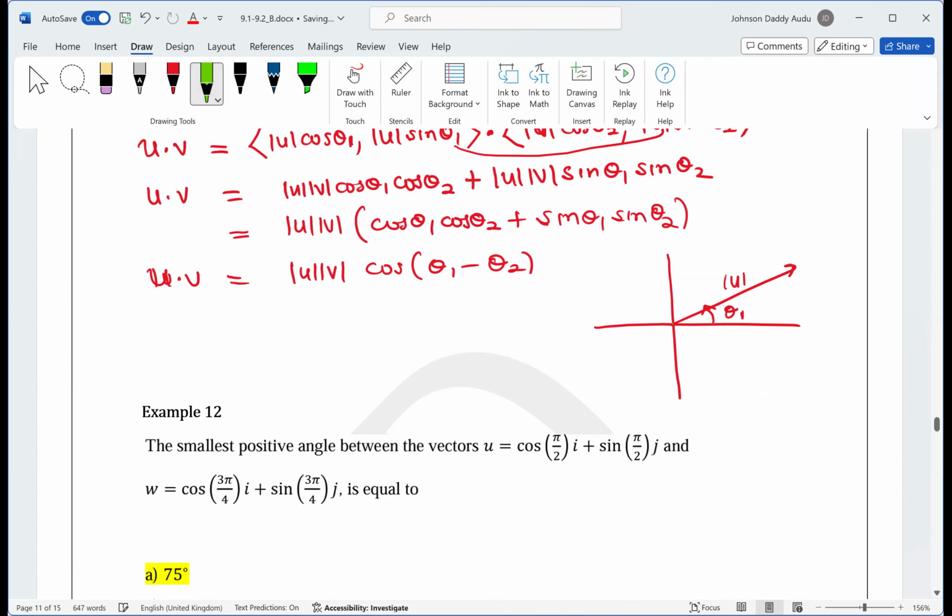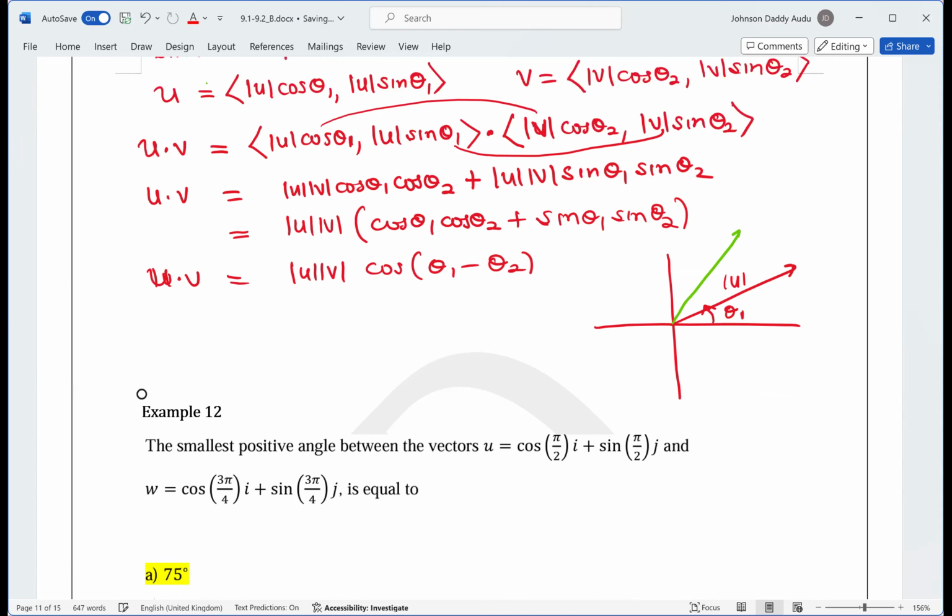So now let's say we have another one here. And let's say this is v, right? If this is vector v, where is theta 2? Because theta 2 is the direction of vector v. So theta 2, remember, it will still start from where? It will start from the positive x-axis up to the terminal. So this is theta 2, right?